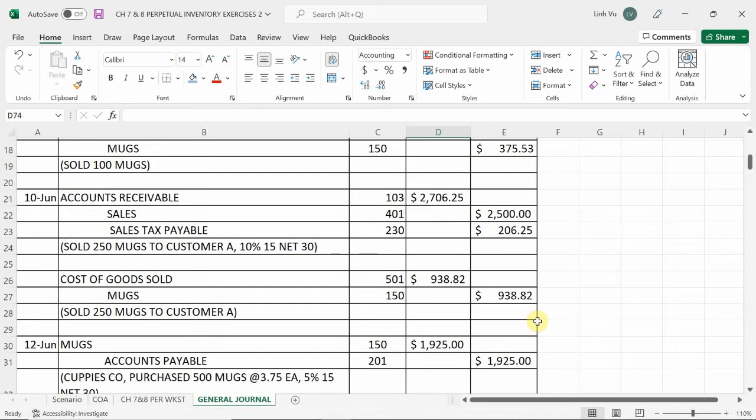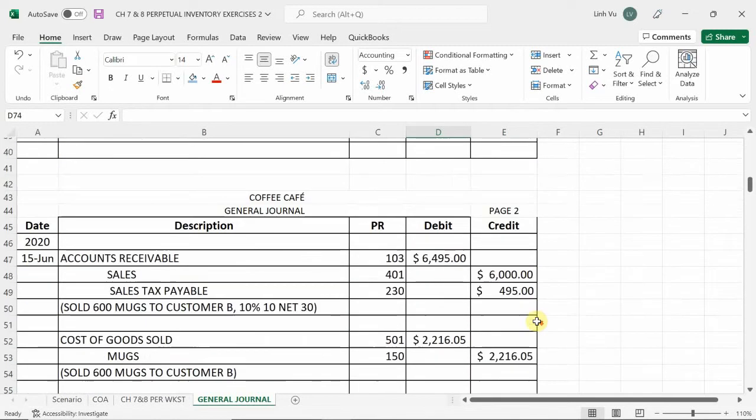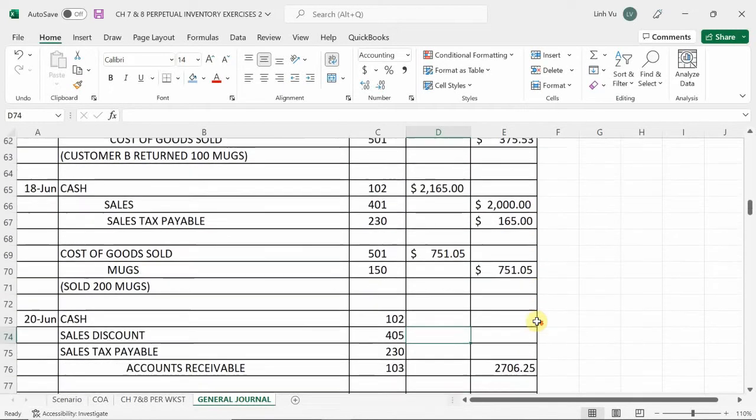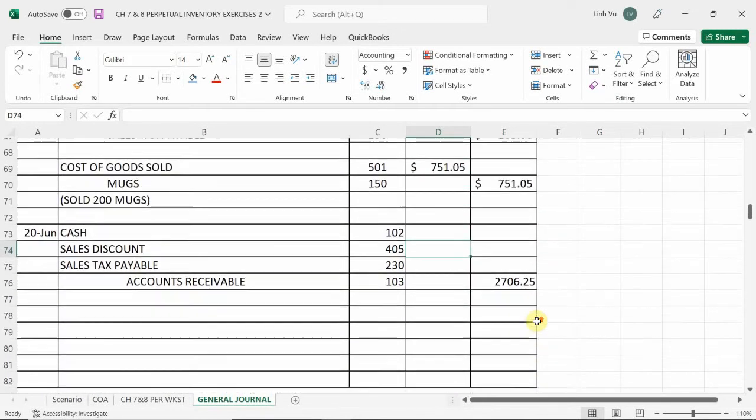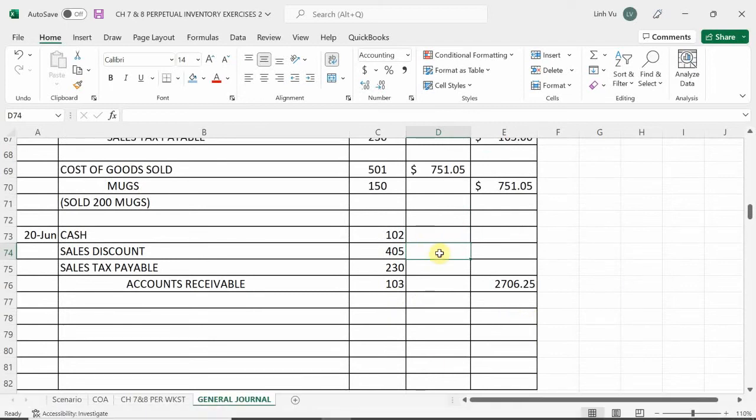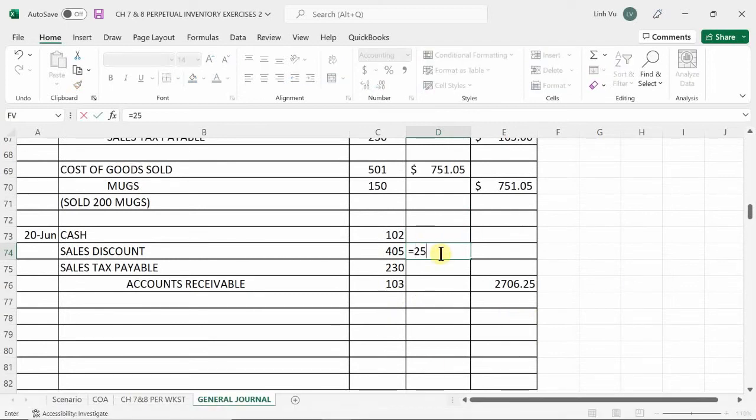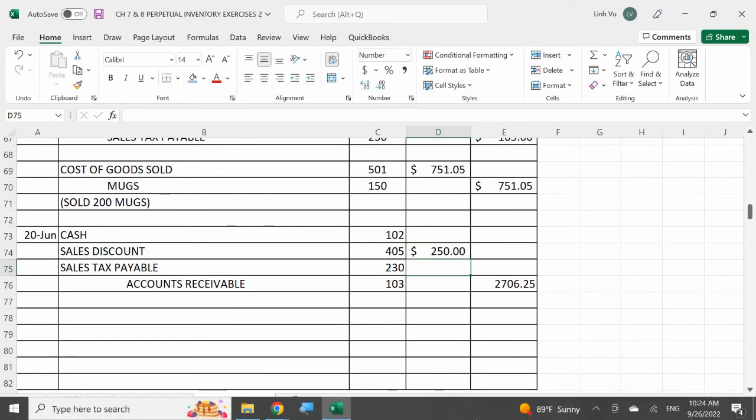So what's 10% of 2,500? $250. So how much sales tax am I going to be giving back based off of that $250 discount?